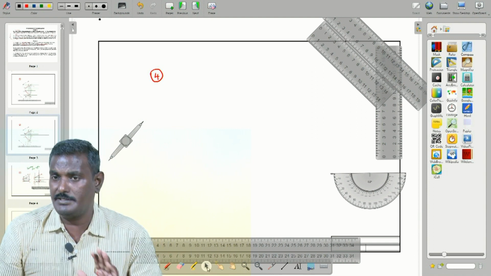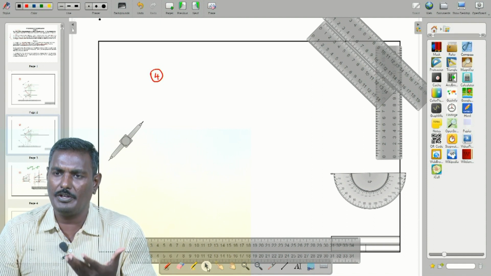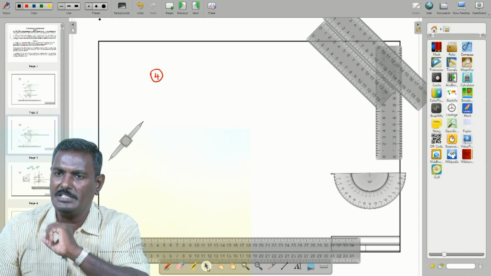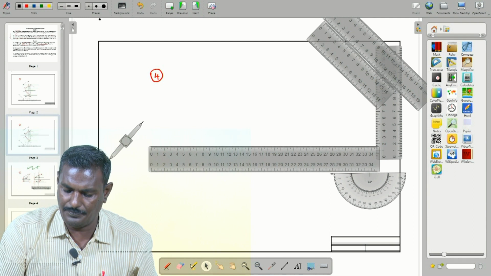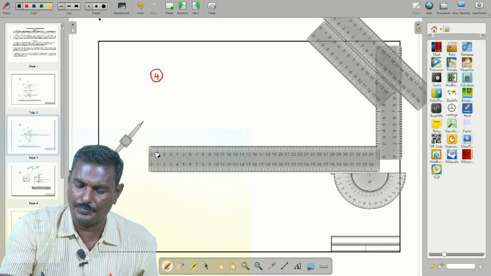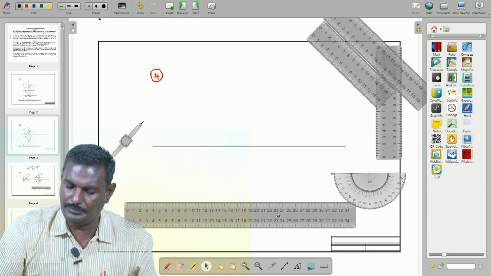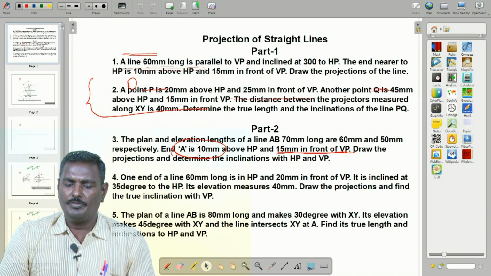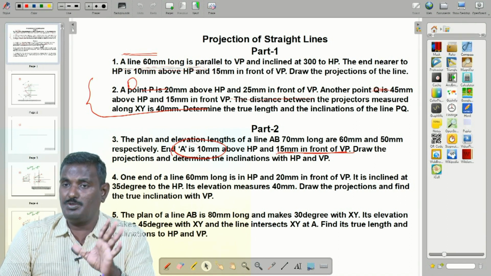What I said, while you start any problem, immediately we draw a reference line, the XY line. So we have to draw a reference line. Now move on to problem number 4. One end of a line 60 mm long is in HP.